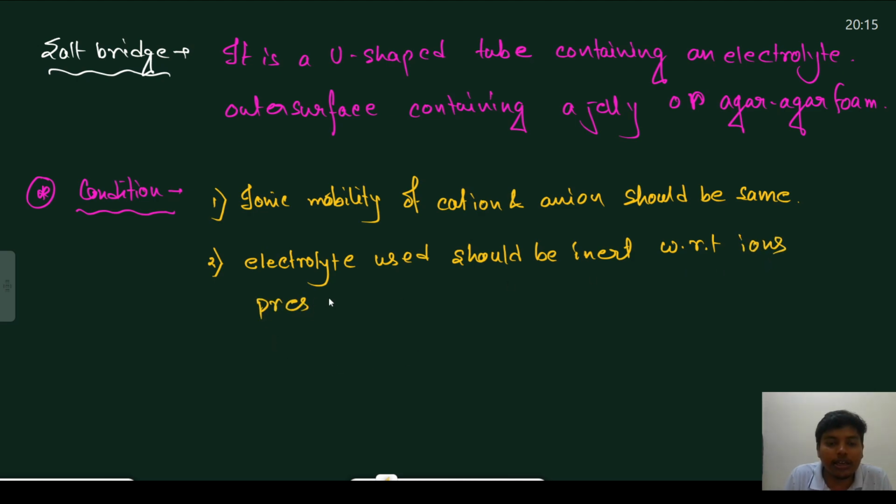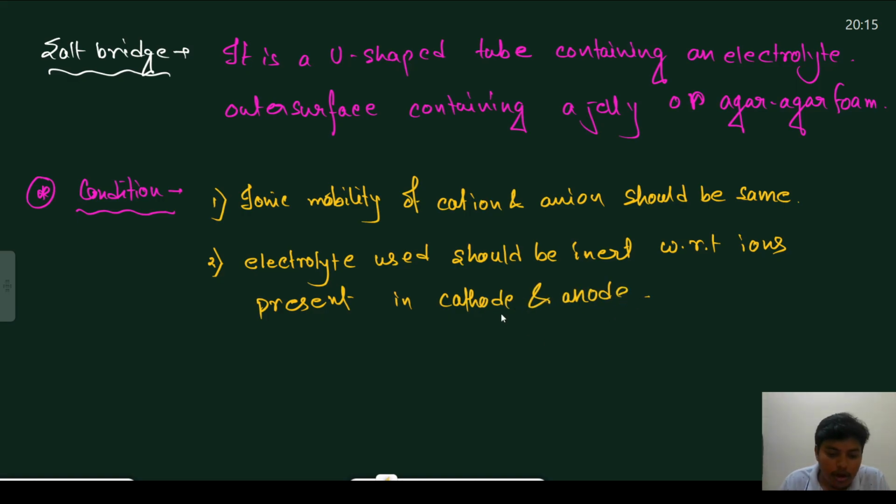Means if you are using zinc 2 plus, ZnSO4 and copper 2 plus, you should not use electrolytes that react with them. Clear? Understood this thing?